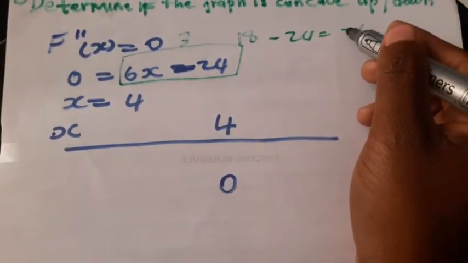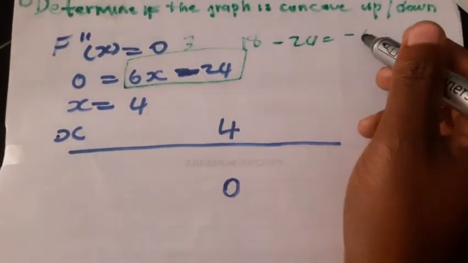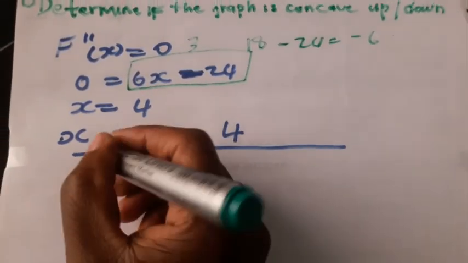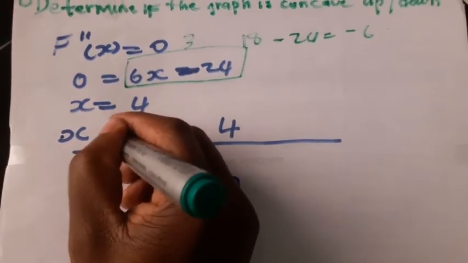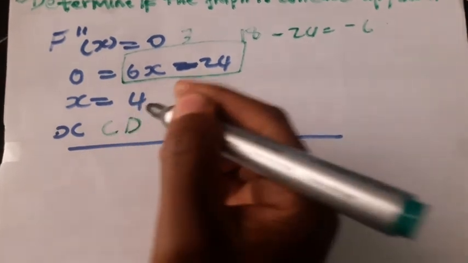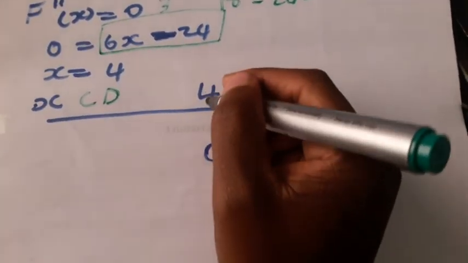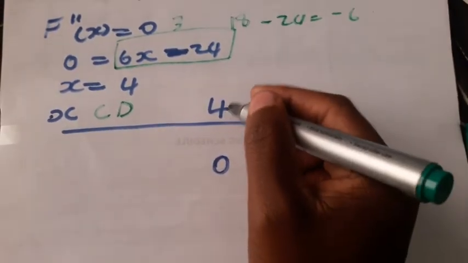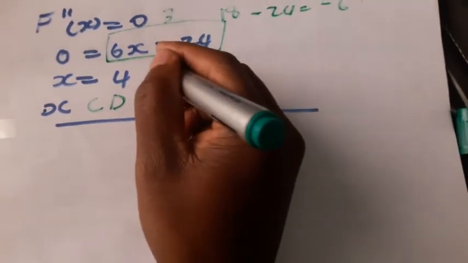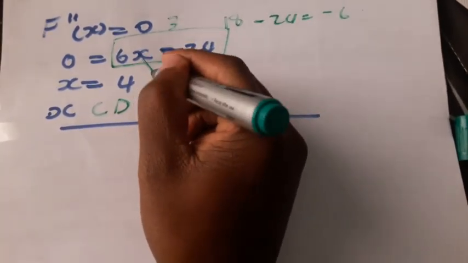So we look at the sign here. We know that the sign is negative. Because the sign is negative, the concavity of the graph is going to be concave down. Then we come to this side and take any number which is greater than 4. For instance, we can take 5 and plug 5 here.